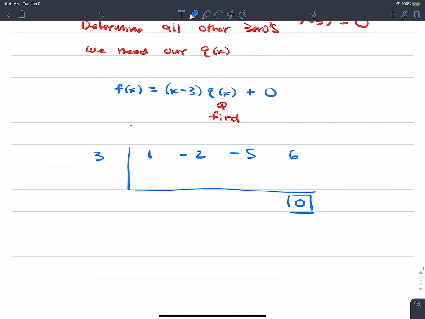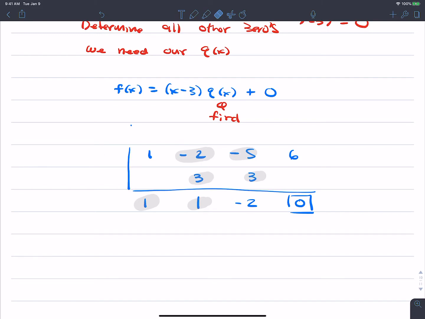By the process, bring down 1. And now 3 times 1 will give us 3. -2 plus 3 gives us 1. We repeat the process. 3 times 1 gives you 3. -5 plus 3 will give you -2.